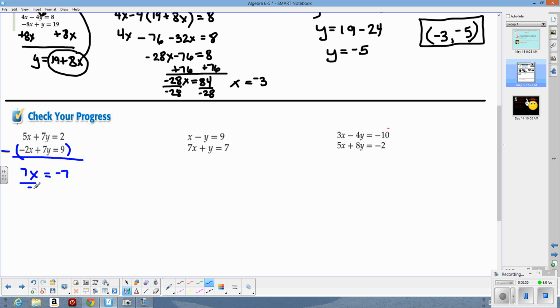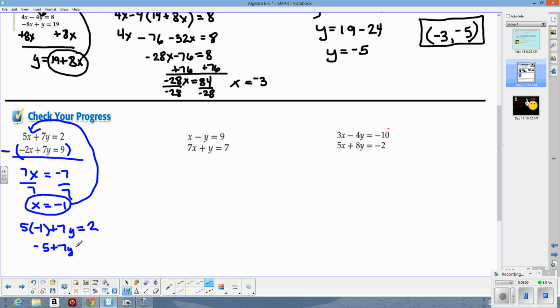Now divide both sides by 7. x is going to equal negative 1. Now to find the other half of the solution, you're going to plug that into one of these problems. I'm going to go ahead and plug it into the first one. 5 times negative 1 plus 7y equals 2. 5 times the negative 1 is negative 5 plus 7y equals 2.